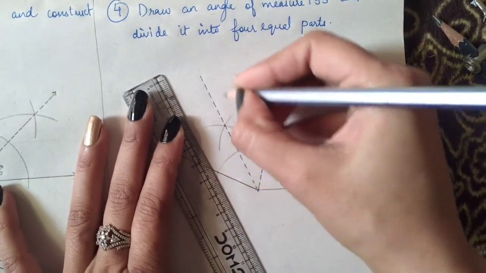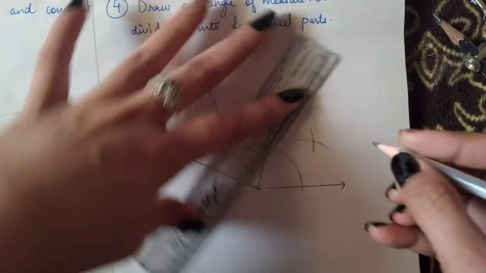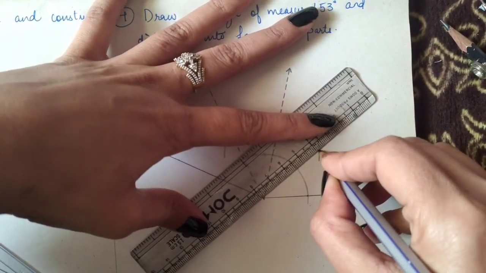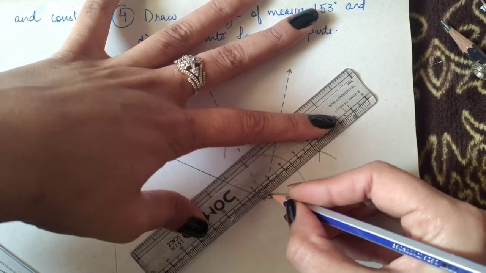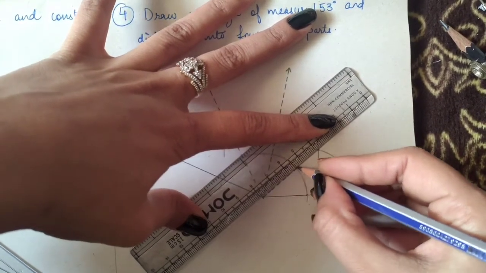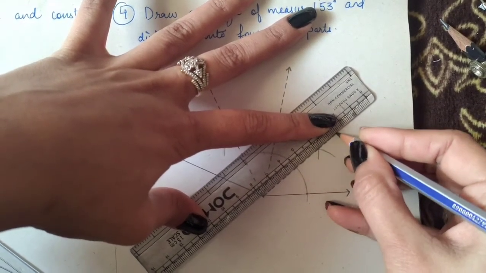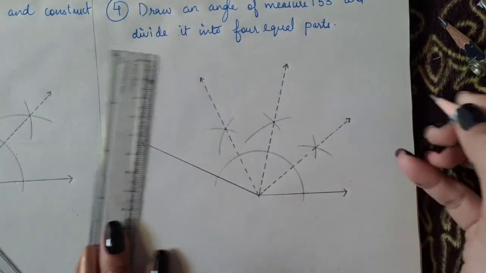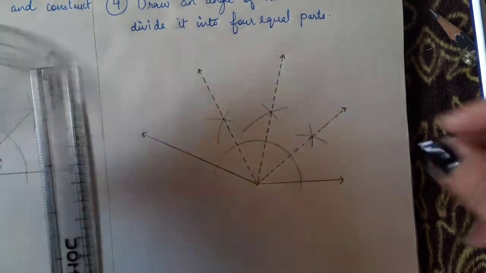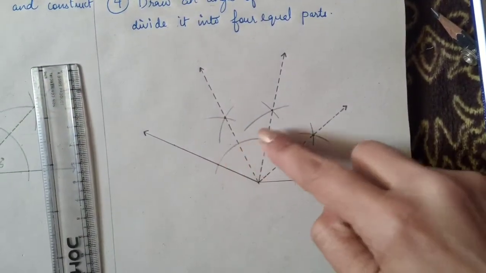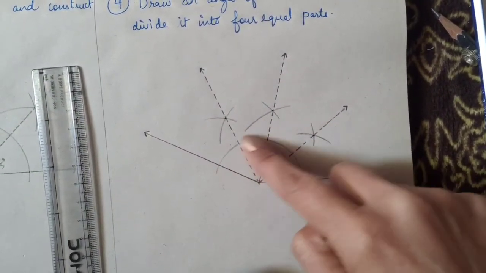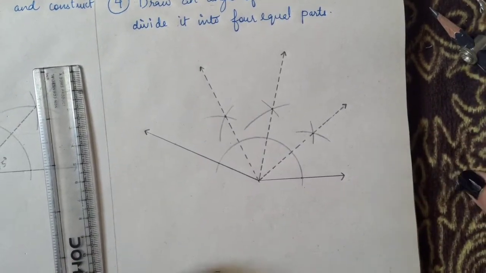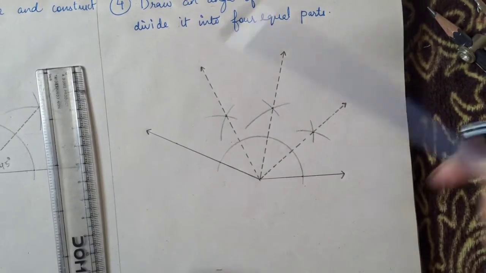Be careful. You can always check your answer with the help of a protractor. All the 4 parts should be equal in measure. So that's how you are supposed to do question 4.